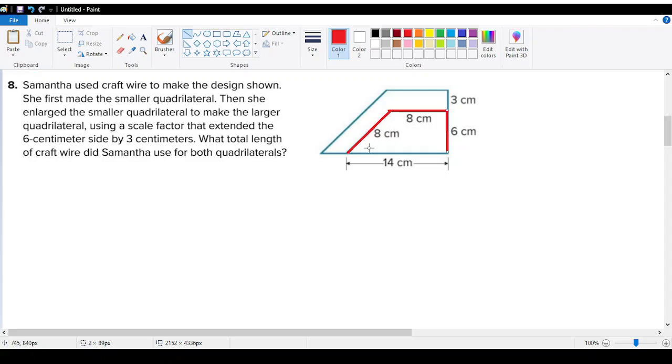Now, do we know what is the dimension of the figure after? Do you know any dimension for the figure after enlargement?